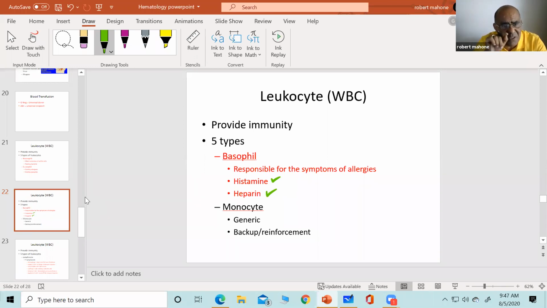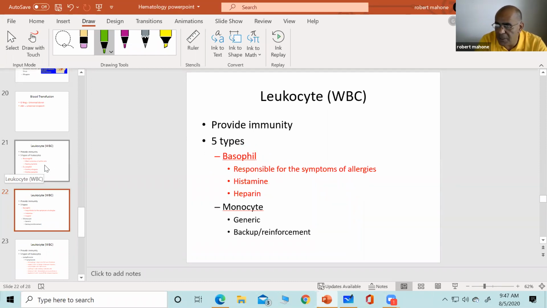Even the tiny mosquito bite is enough to activate the basophils in that area. So mosquito bites itch because your basophils release histamine right there. And they swell up because the basophils release heparin right there. So that's why the mosquito bite does what it does, activating the basophils in that area.